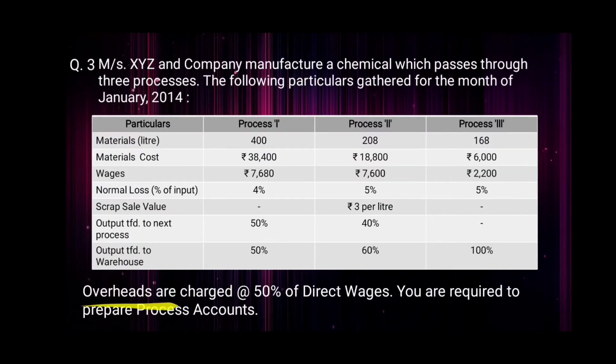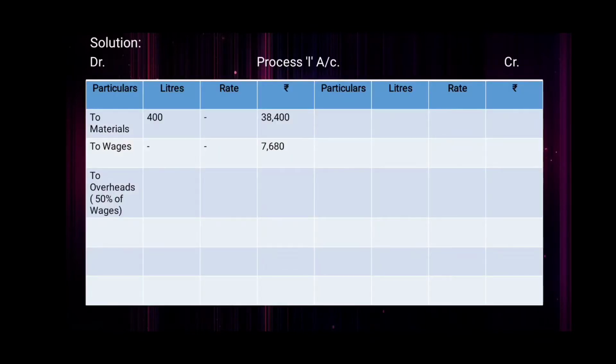Now we have overheads which is charged at the rate of 50% of direct wages. So the direct wages amount is given as 7,680. So 50% we have to calculate. To overheads, so 50% will be 3,840.